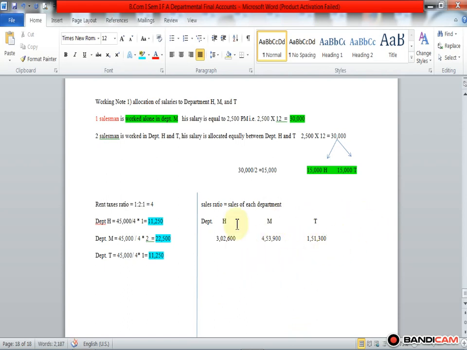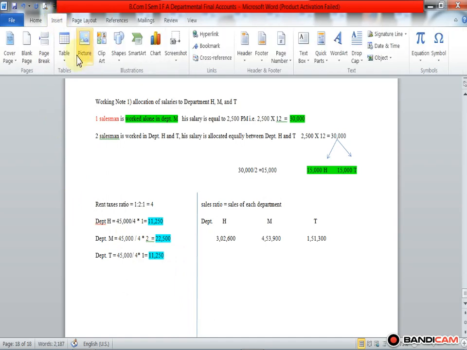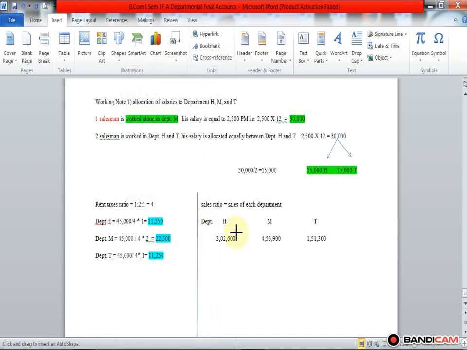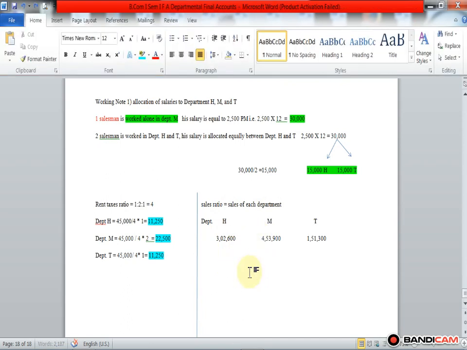Here we only cancel the zeros and then we get a ratio. Those students who cannot calculate the ratio should only cancel the zeros of the amount of sales. So two zeros from each figure are cancelled.